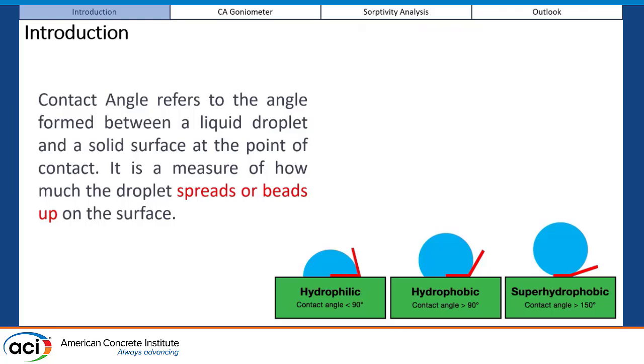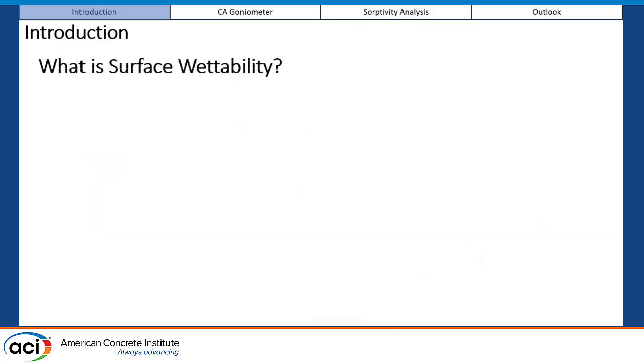If the droplet spreads on the surface and the angle is less than 90 degrees, we call it hydrophilic, and if the angle is more than 90 degrees, we call it hydrophobic.